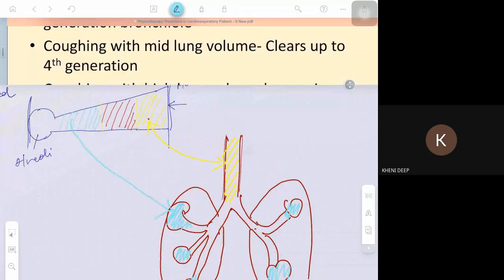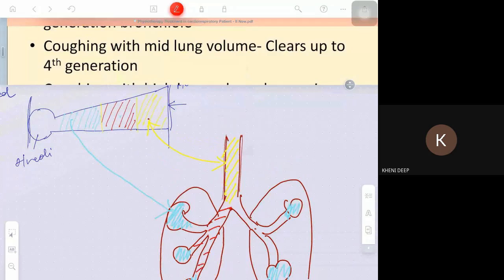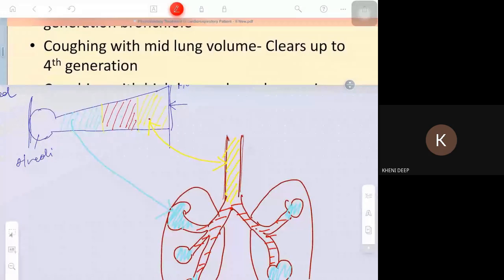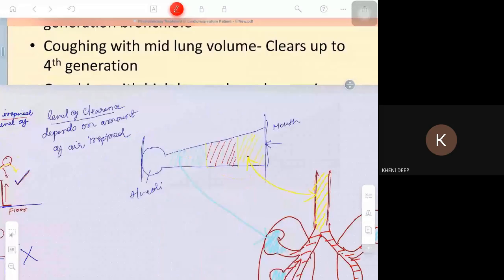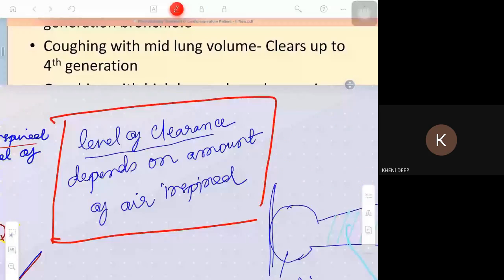In between are the middle airways. So now you see this sentence. Level of clearance, whether it is upper airway or middle airway or lower airway or peripheral airway. Level of clearance depends on amount of air inspired.